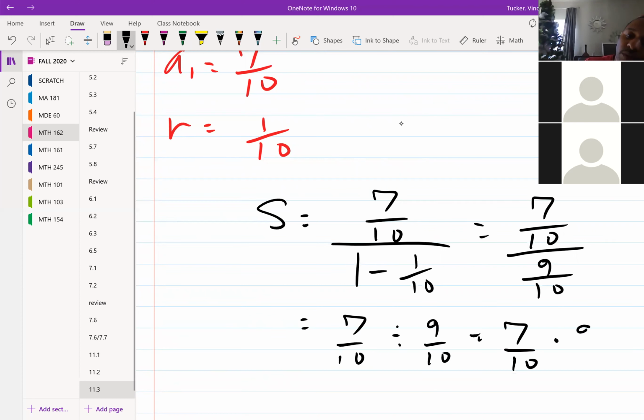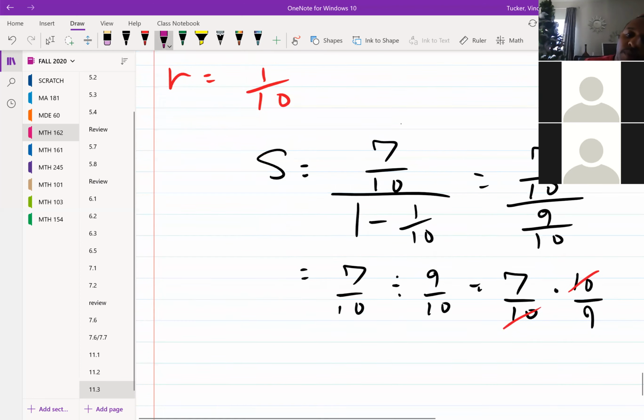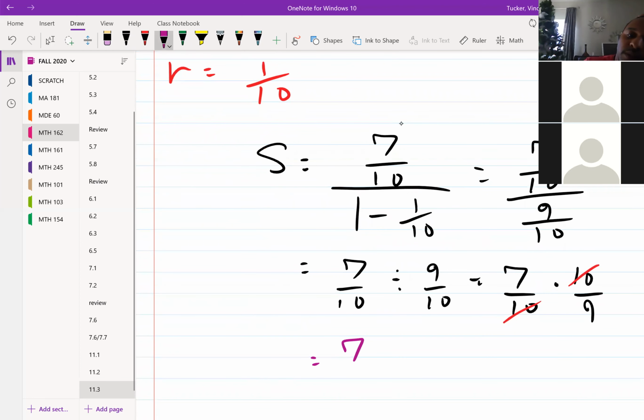And finish off the work. Those 10s cancel. And that leaves me with 7/9.